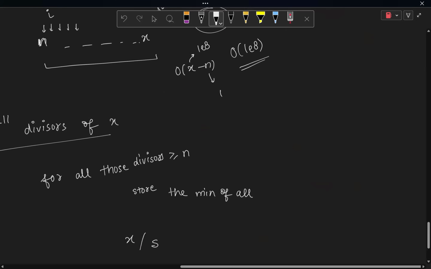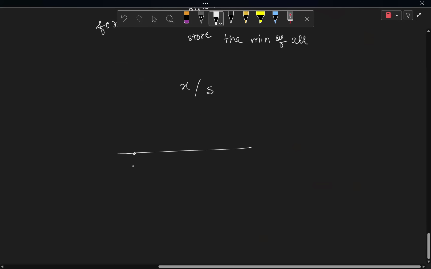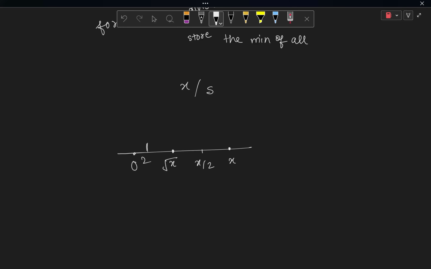For this, you could just notice, this is a standard thing, that if you have the numbers from 0 to x, and there is a divisor, let's say 2 here, then x by 2 would also be a divisor. So if you go from 0 to root x, check all the numbers in that range, and 2 comes out to be a divisor, then x by 2 would also be a divisor of x.